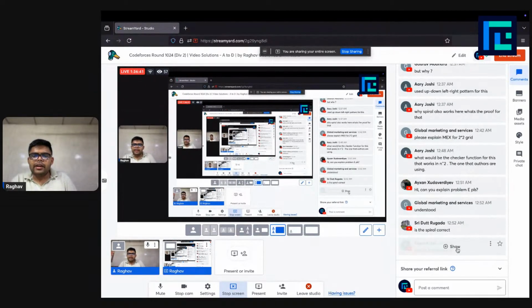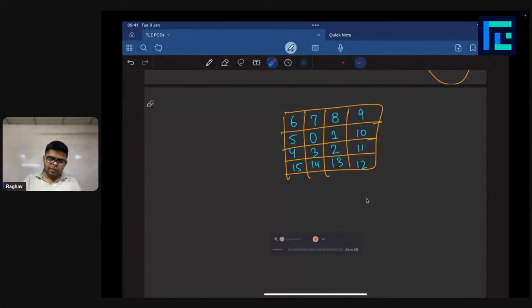How to implement it? I did discuss a way of implementing it. You need to build this pattern. Either you can start from some point, go one step right, one step down, two steps left, two steps up, three steps right, three steps down, then four steps left.